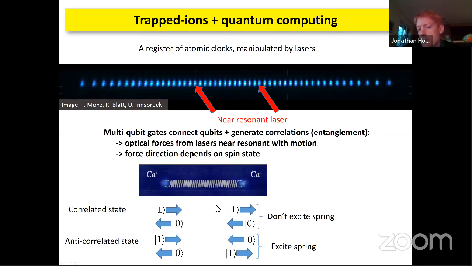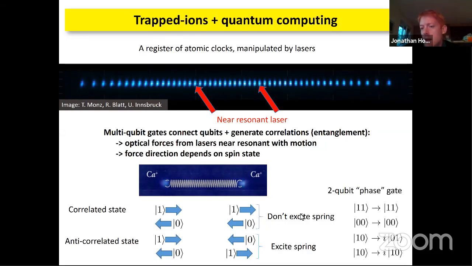So now the rest of the trick really is to make sure that that excitation of the motion, which depends on the internal state, is something transient, something that happens, but then goes away after a certain amount of time. And the nice thing is that in our case, you can arrange things with a certain detuning, such that when it de-excites the motion, and we're all back in the original state, there's a phase left behind on the states that were excited, and there's no phase acquired by states that weren't excited.